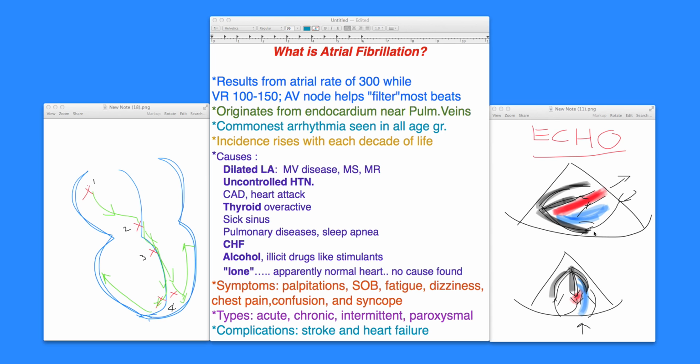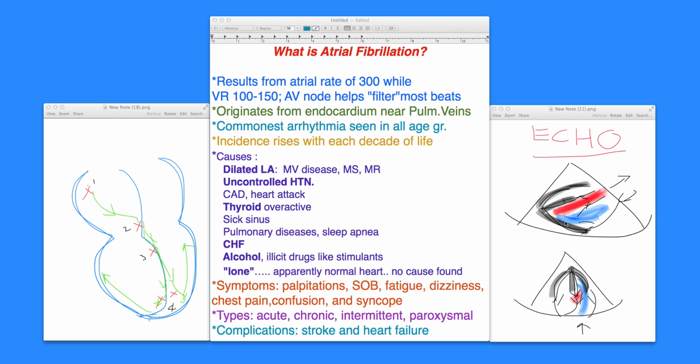Okay, so in an echo, one would see a large left atrium. Moving to the right panel, the left ventricle would be weak if there was heart failure. You could have pulmonary disease, and therefore one could see increased left atrial pressures, or in obesity, left atrial pressures could also be elevated because of sleep apnea, and so on. Those will be the findings on the echo.